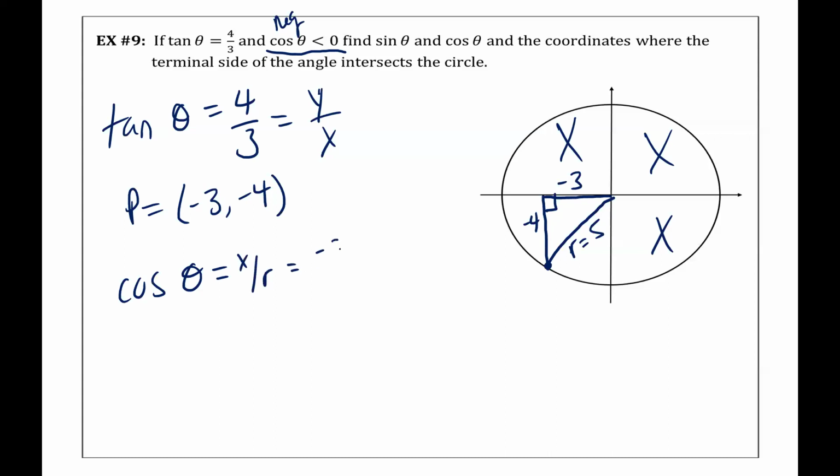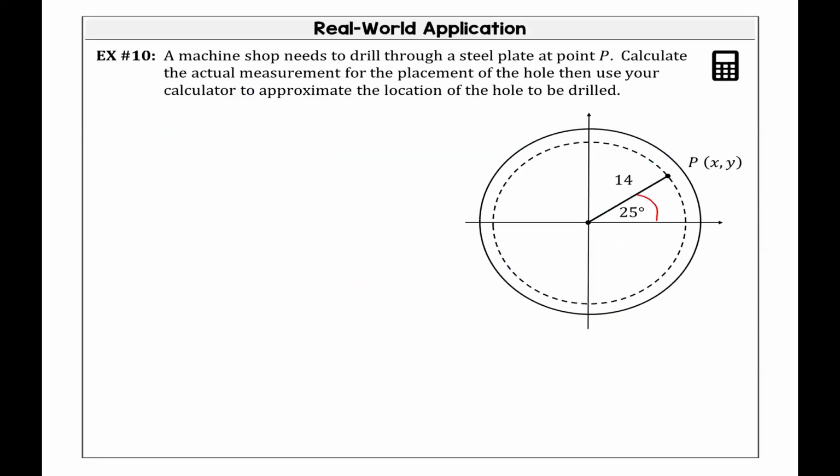So it's -3 over 5. And our sine theta is -4 over 5, and that's because it's y over r. Questions?